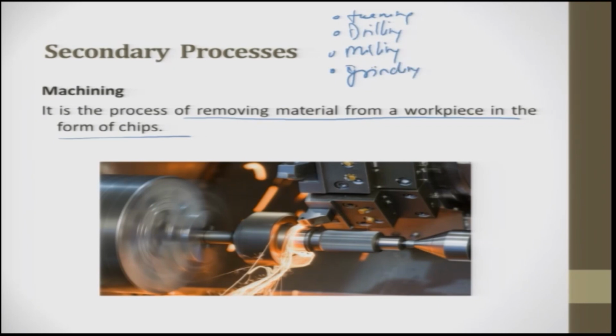In all these processes, we try to use a tool which is harder than the workpiece, and which is in contact with the workpiece, and then it tries to remove material in the form of chip. When this is getting done, as I told you, during the process there is a temperature rise.